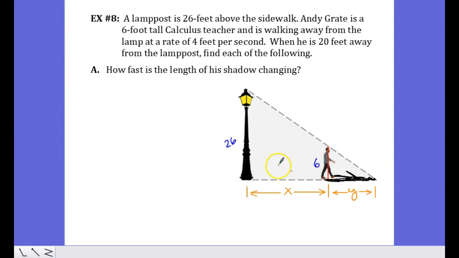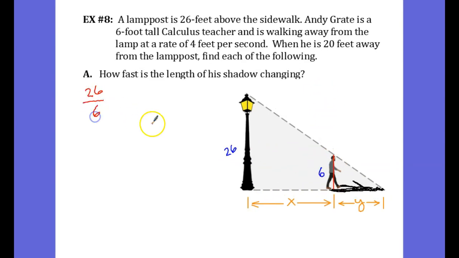So let's set up our similar triangles. So we have 26 over 6 is going to be equal to the total length of the base, which is x plus y, divided by y. Now let's clear fractions, and so we'll multiply through by 6y.